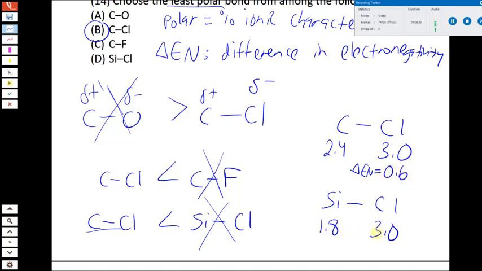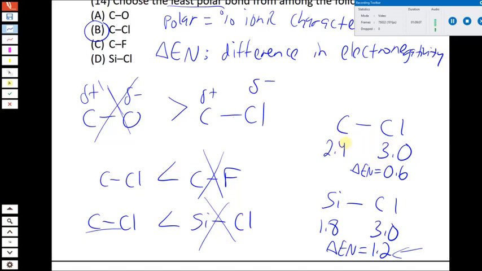Whereas for this one, chlorine is still 3.0 and silicon has 1.8, so the difference is 1.2. Again, a larger difference in electronegativity means more polar. So this is the least polar of those two, carbon and chlorine. That's really what you're looking for here.